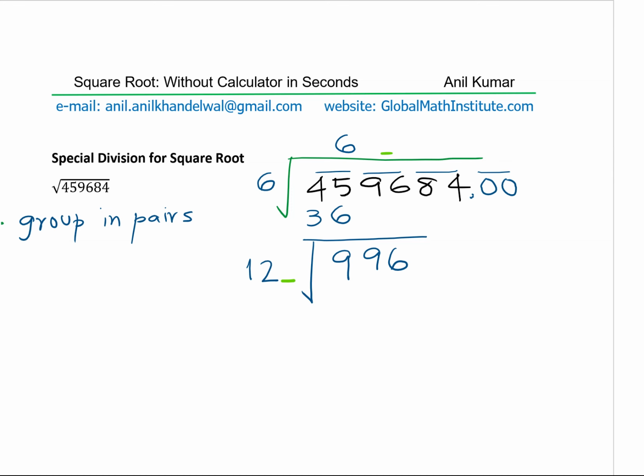So the idea here is, when you are selecting the numbers in the divisor and quotient, we use pairs.